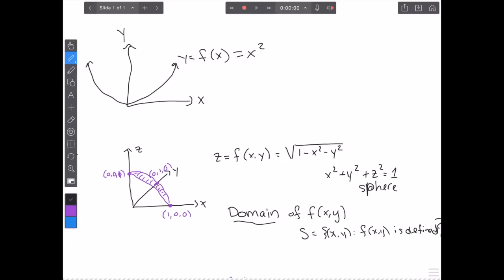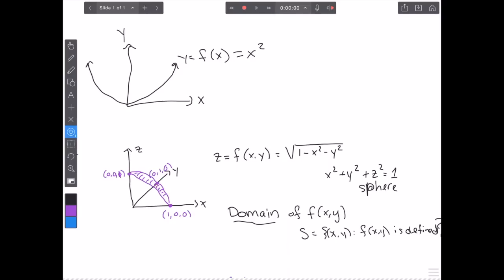Okay, and so for the function we have, we've picked out some points in the domain already. The point in the domain lives in the xy plane. It's not up here. So the domain is the set of x and y that we can plug in, and we've seen that the point 1, 0 is in the domain, and 0, 1 is part of the domain.